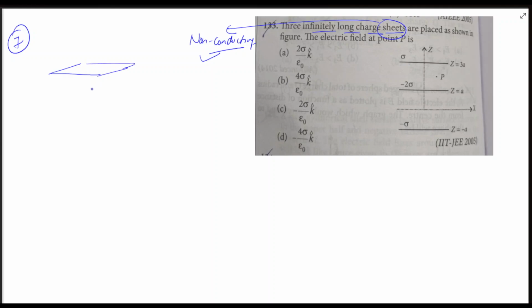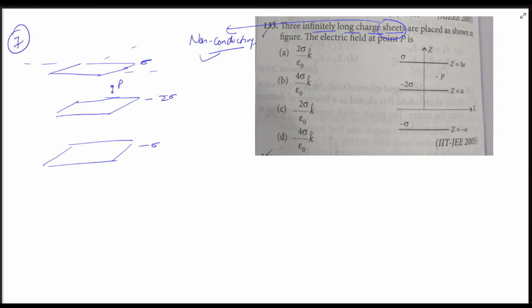So this is first, this is our second, and they are infinitely long. And this is our third sheet. Now here is our point P. This has charge density sigma, this has minus 2 sigma, and this has minus sigma. Now the electric field at P is very easy.